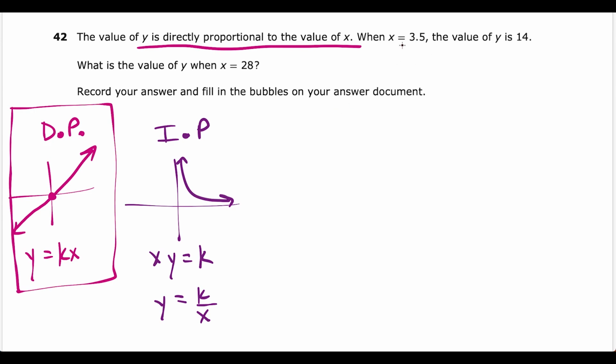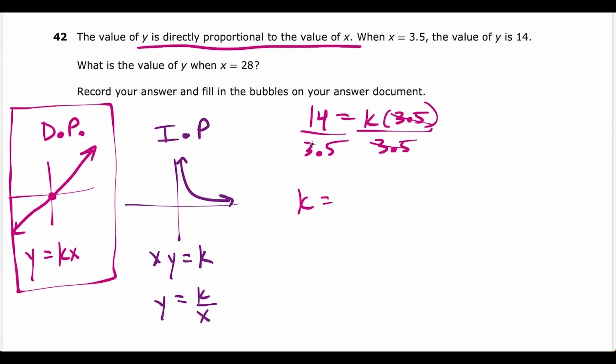So now I just plug in the stuff here. We have when x is 3.5, y is 14, which is going to give us 14 equals k times 3.5. And now just divide both sides by 3.5. And that's going to tell us what the value of k is. So k is going to be equal to 14 divided by 3.5, which is 4. So then now we could write our actual equation, which is y equals k, which is 4, times x.